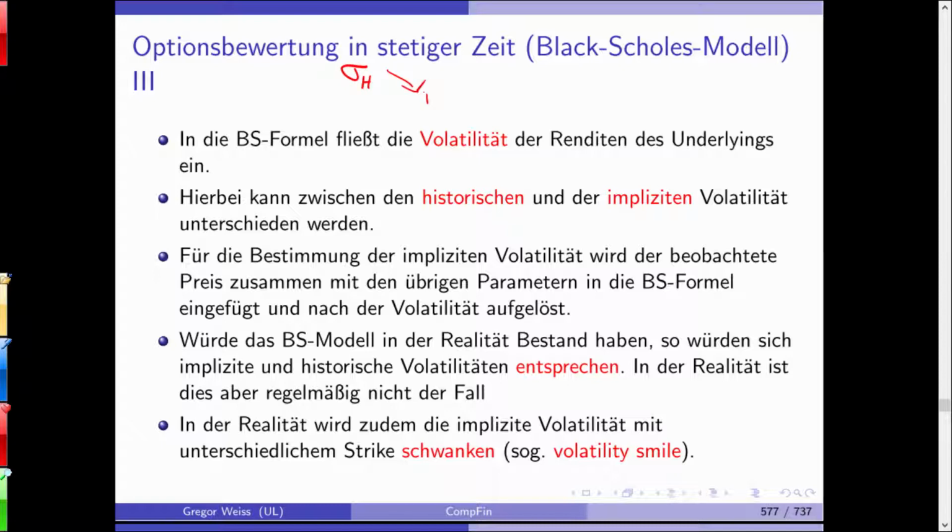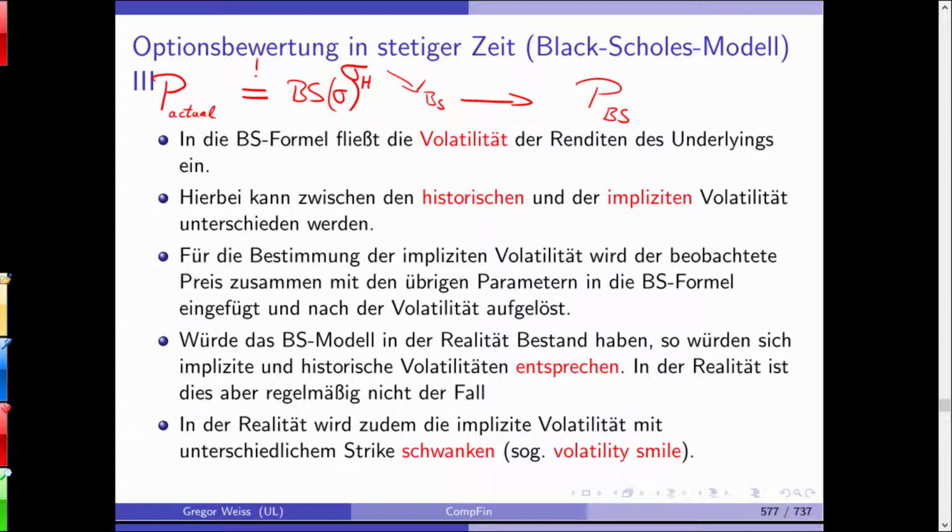You put it into the Black-Scholes model and you get a price from Black-Scholes. This is the historical volatility. Now if you go just to the market and you see an actual price and you try to set it equal to the Black-Scholes model, you can just look at this as a function in the volatility, and you select the volatility such that the Black-Scholes price is equal to the actual market price you can observe in reality.